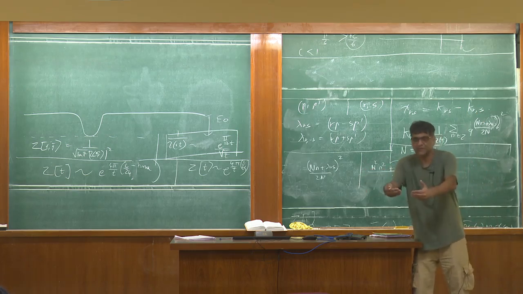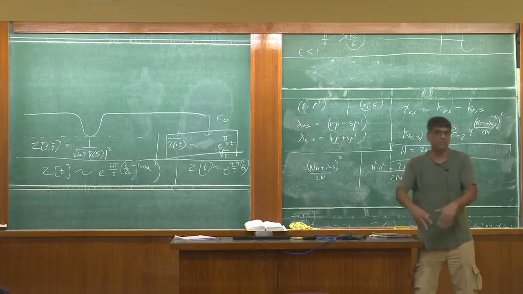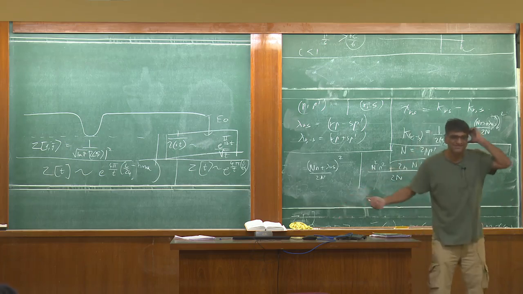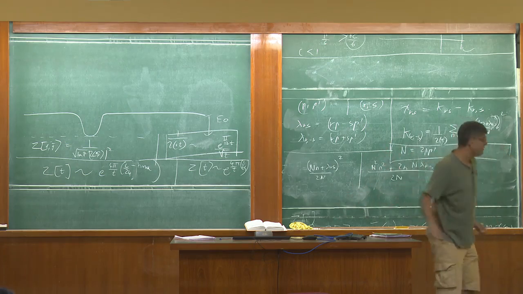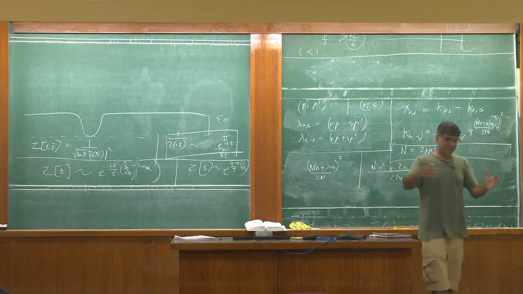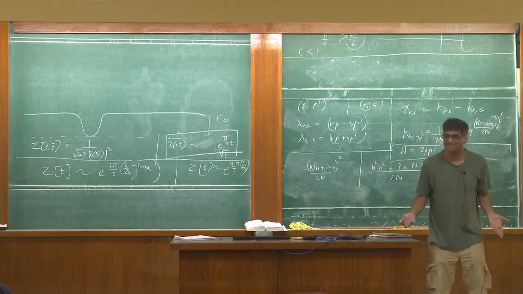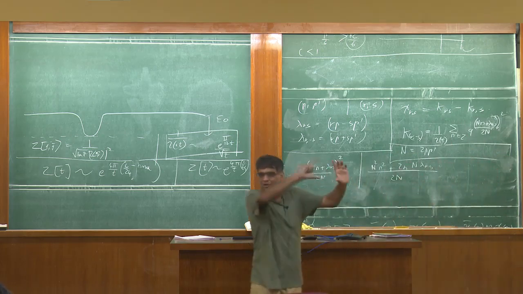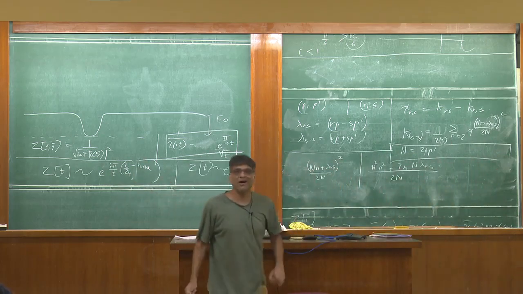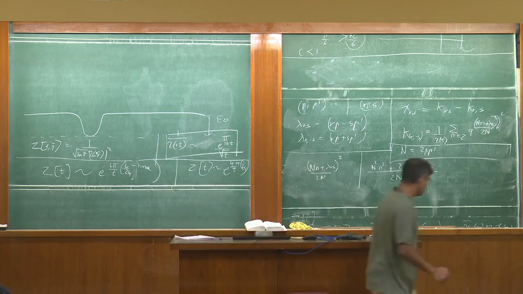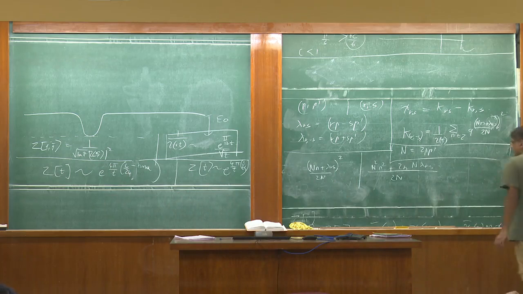So the first null state contributes with a negative, but then the null state for null state contributes with a positive because you subtracted too much. Is this clear? This 1 by eta is the fact that if there were no null states, you'd have 1 by eta. Okay, so the structure is clear, right? It's that little diagram that I drew, just obtained in terms of a formula. Okay, so this is the formula for the character.